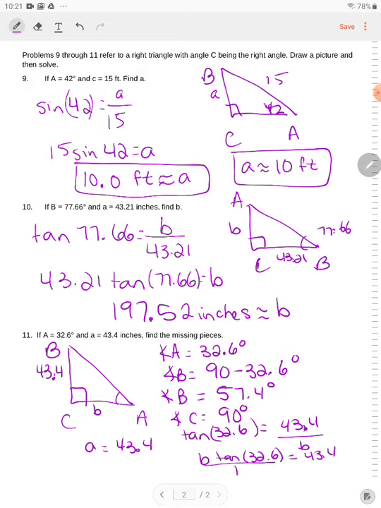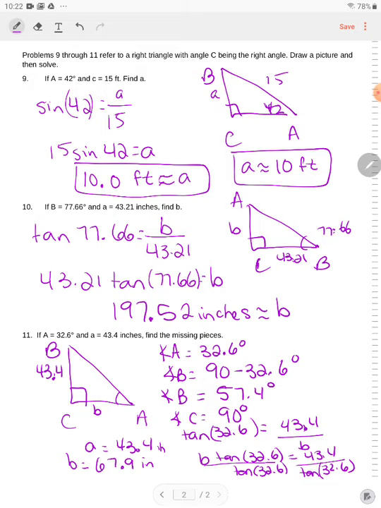So we're going to divide by tangent of 32.6. We get 43.4 divided by tangent of 32.6, and we get 67.8626. One decimal place, because 32.6 is 1 decimal place and 43.4 is 1 decimal place. So B is equal to 67.9 inches.